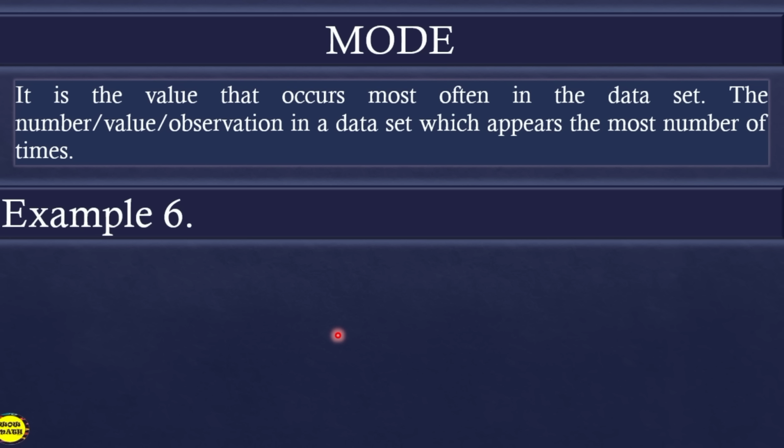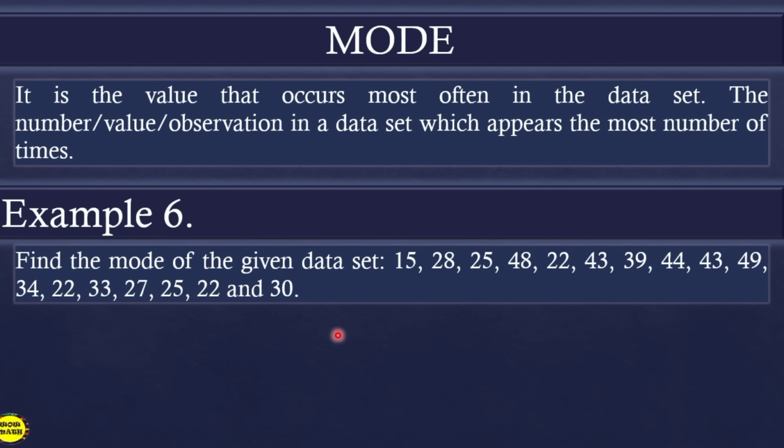Okay? So for example, find the mode of the given data set 15, 28, 25, 18, 22, 43, 39, 44, 43, 49, 34, 22, 33, 27, 25, 22, and 30.